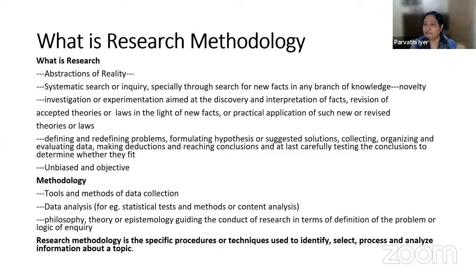You can do research in social sciences, humanities. But this is a common element with all these disciplines: you engage in inquiry, you try to come up with new facts, and this inquiry is not done randomly, but in a systematic way. So through the process of research, you can investigate various kinds of phenomena.